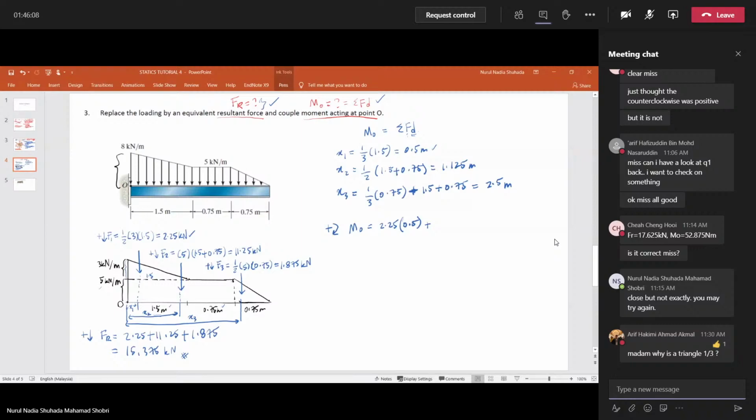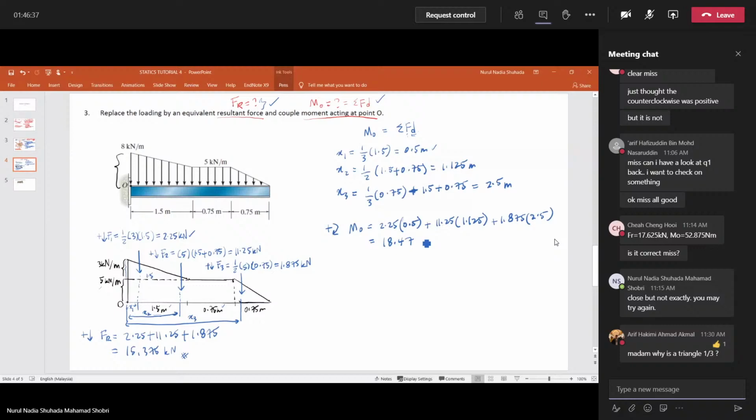Then you guys plus force F3, 1.875, times the distance x3, which is 2.5. So you guys should get 18.47 kilonewton meter. Okay.